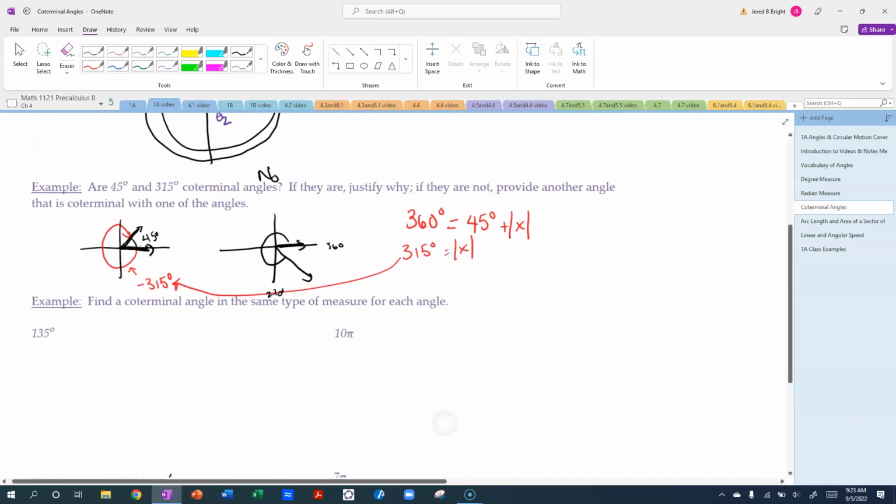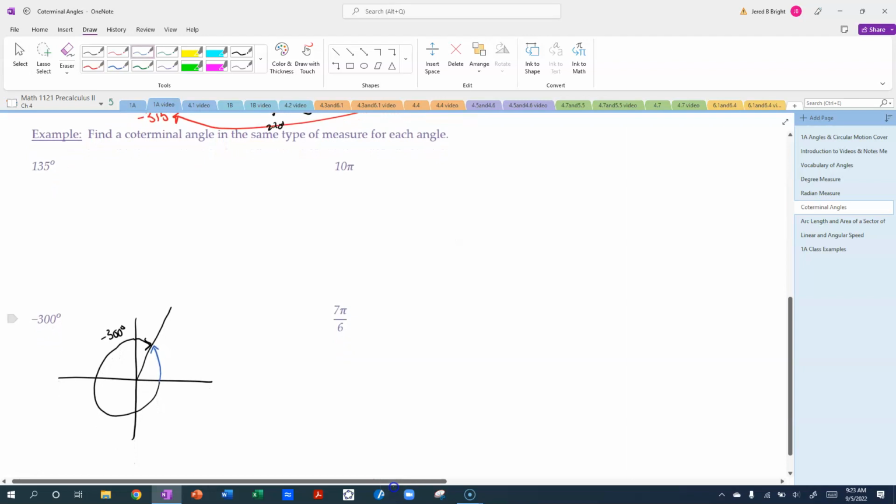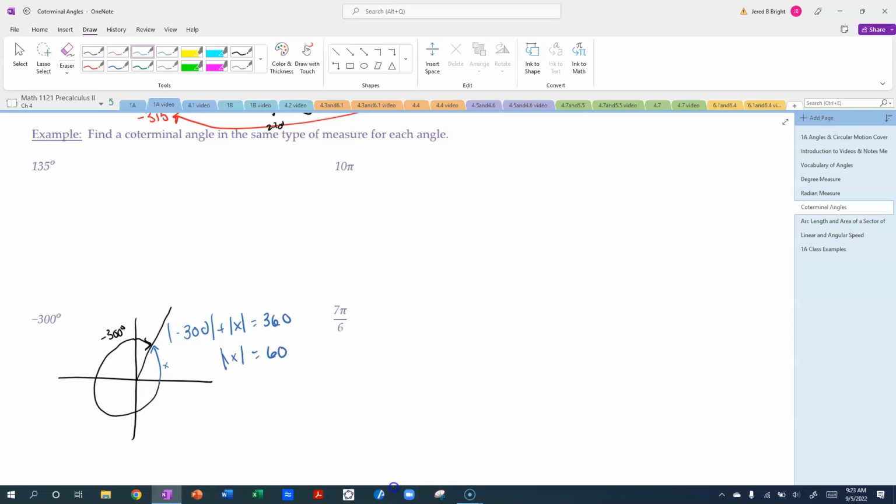Taking the absolute value of each of these, so I should actually do absolute value bars here too: the absolute value of negative 300 plus the absolute value of x is equal to 360. Solving this, I get the absolute value of x is equal to 60 degrees. And I went counterclockwise here, so the answer is 60 degrees.